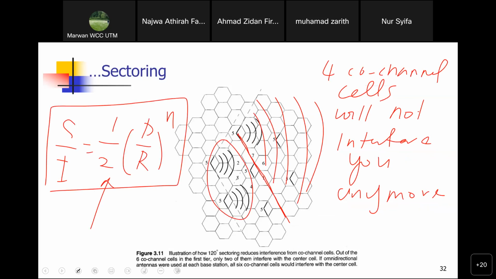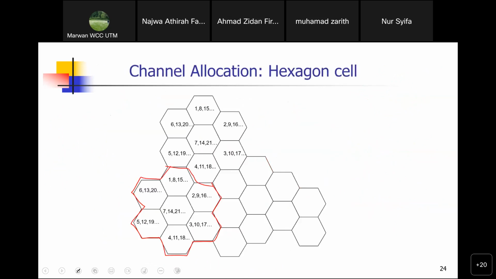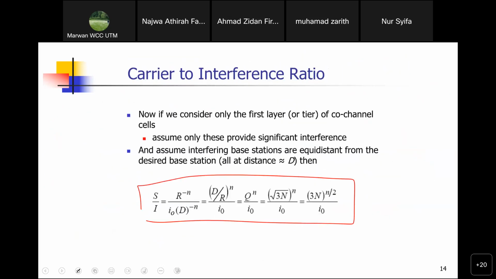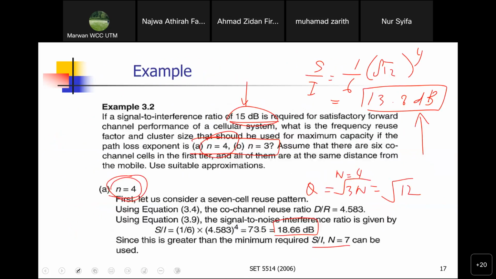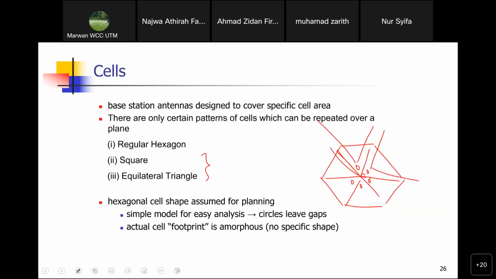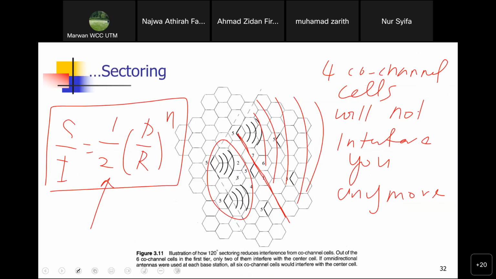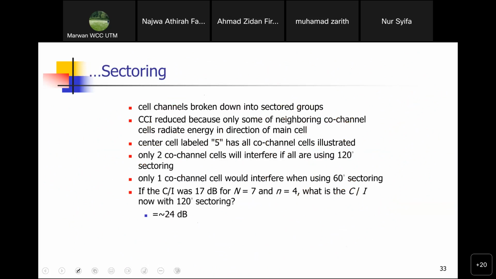That improves your S over I significantly. Remember S over I? If you look back, here is I naught. Initially we used 6, and now it's only 2. So there is an improvement of C over I, or S over I. Previously C over I was 17 dB.